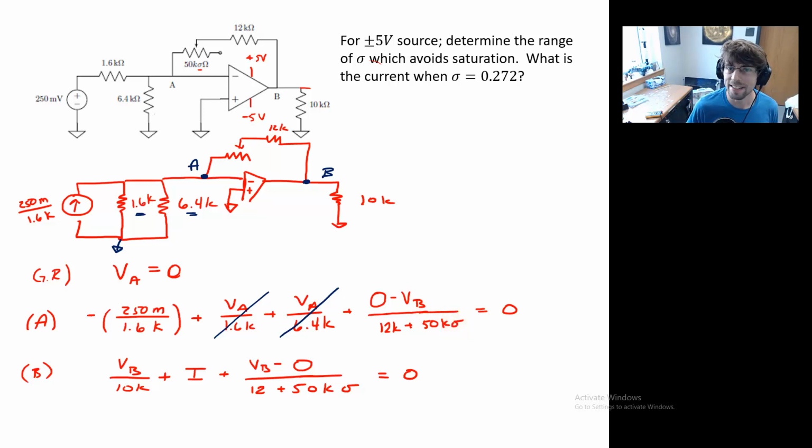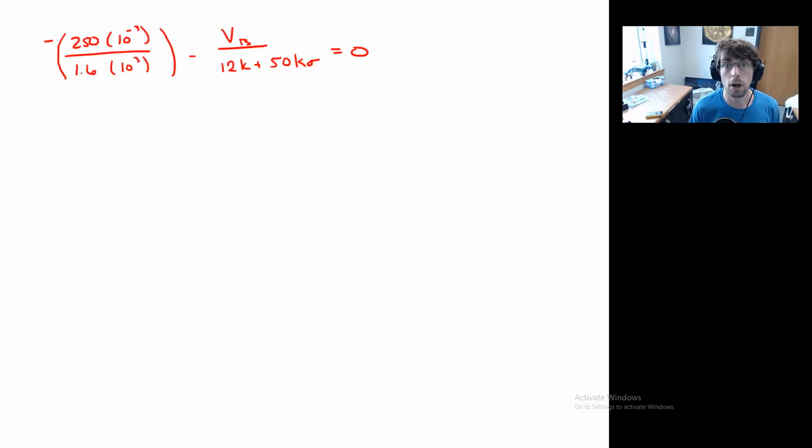So let's go ahead and use that middle equation here. I've gone ahead and rewritten the equation, and so now we just need to get VB by itself. Sweet. Let's just go at it. I've taken the liberty of writing the kilo and the milli in terms of powers of 10. So what do we end up with here?